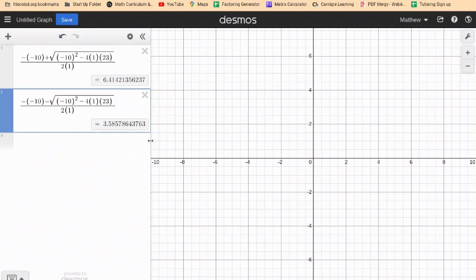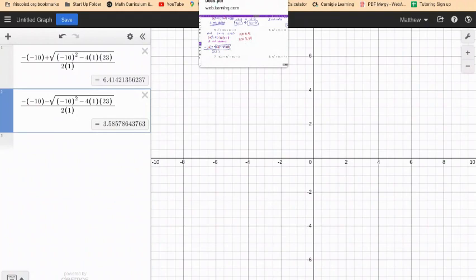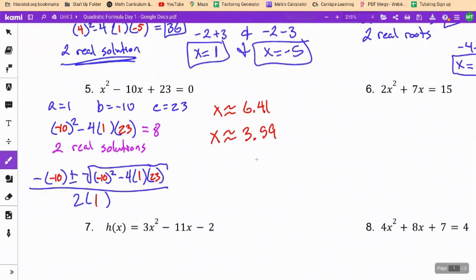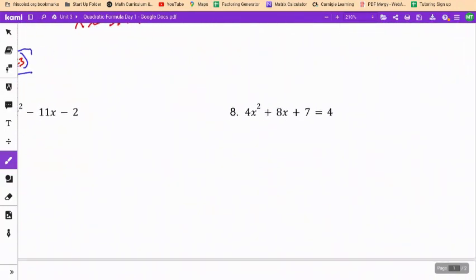Okay, I'm going to do that same thing with problem number 8. Again, I have to adjust. I need to subtract 4 from both sides. After I adjust, I have 4x squared plus 8x plus 3 is equal to 0.